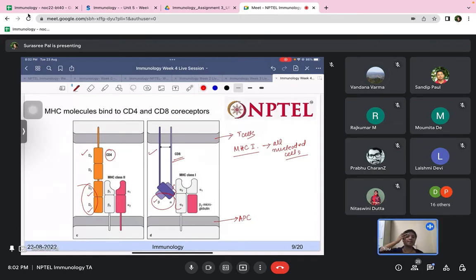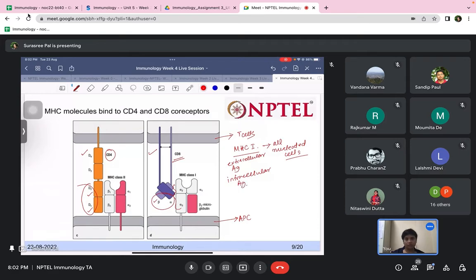Actually, she explains most of it, but I just want to mention one thing. There are two types of antigens I mentioned, if you remember, extracellular and intracellular.